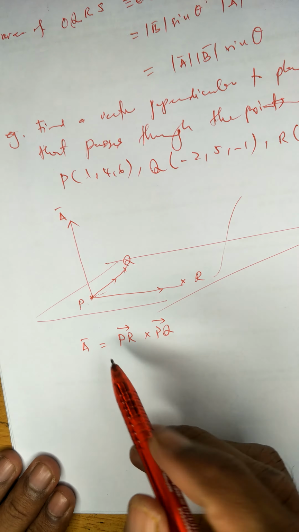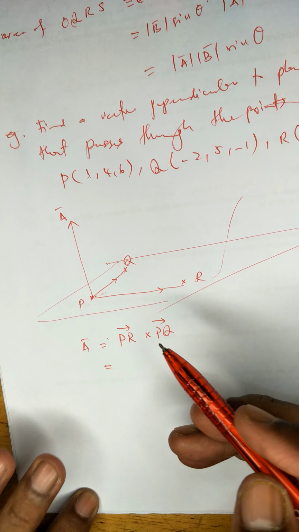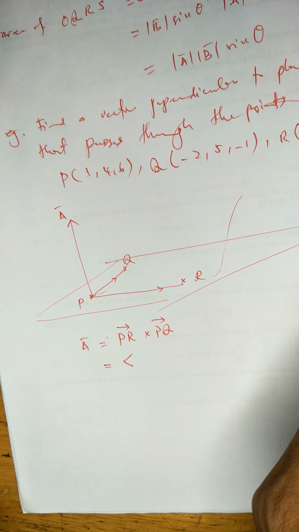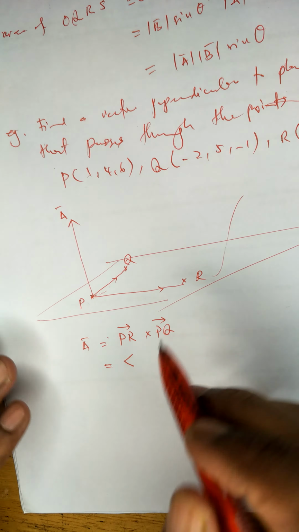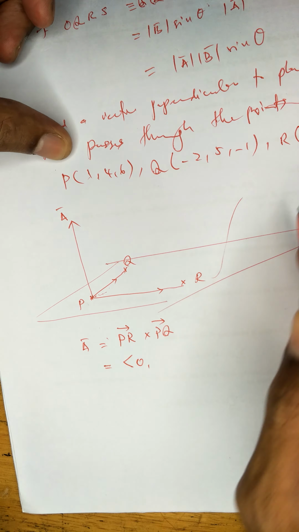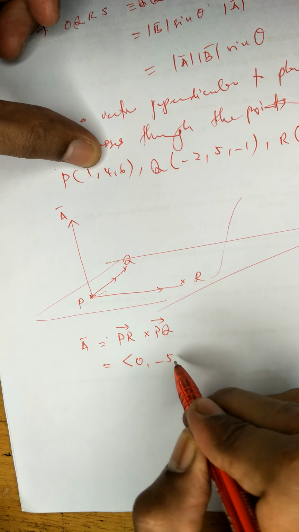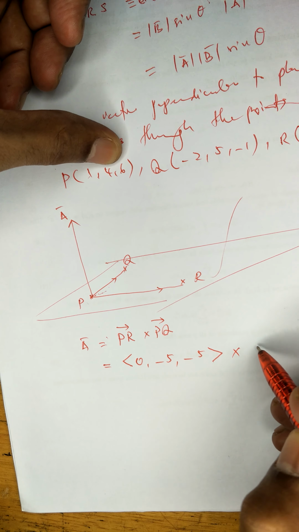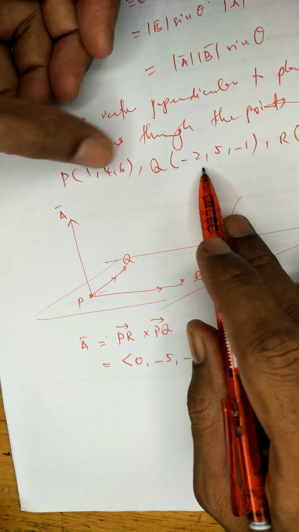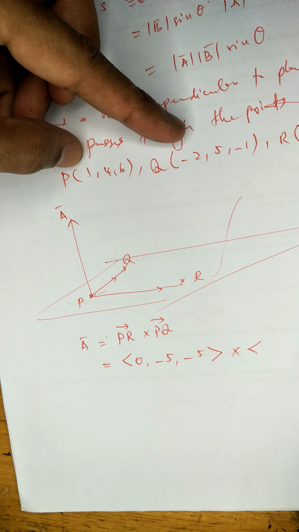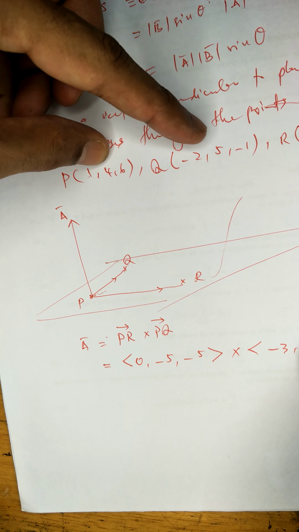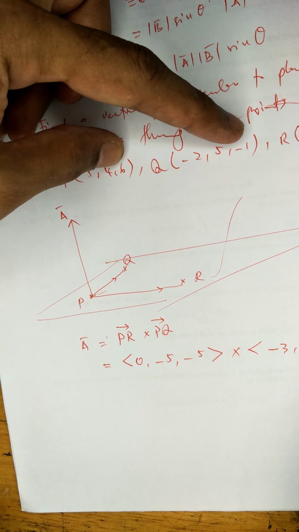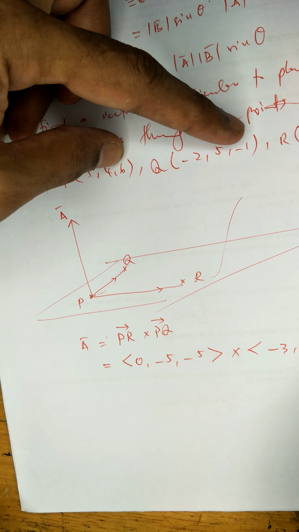From there we can just solve this. Our PR, I think you know this: this is 0, minus 1 minus 4 is minus 5, 1 minus 6 is minus 5, cross our PQ: minus 2 minus 1 is minus 3, 5 minus 4 you get 1, minus 1 minus 6, so minus 7.